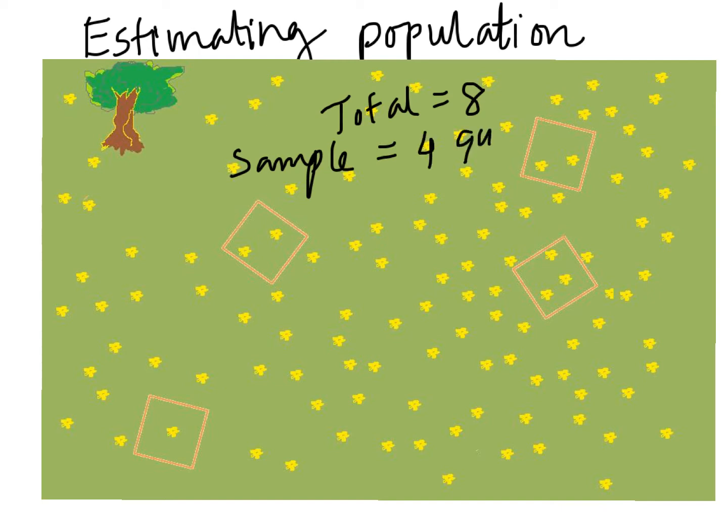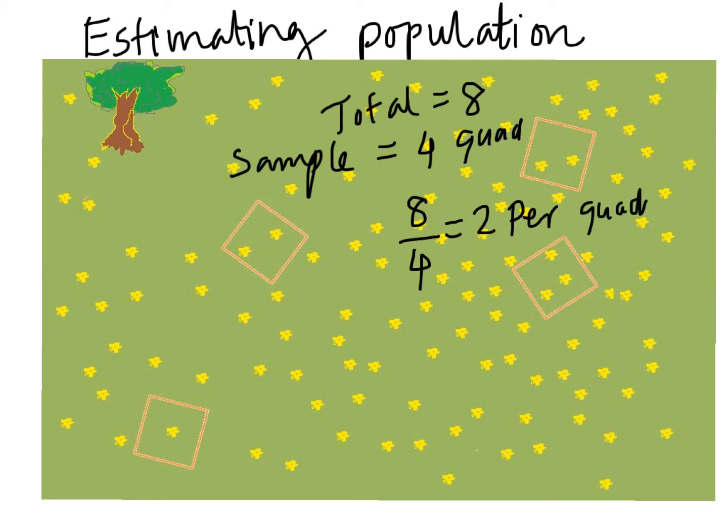The first thing you need to work out is the average number of plants in each quadrat. As I said, we have 8 in total across all 4 quadrats. But since we've used 4 quadrats, we want to find out how many per quadrat we have. So by dividing by 4, you get 2 per quadrat.